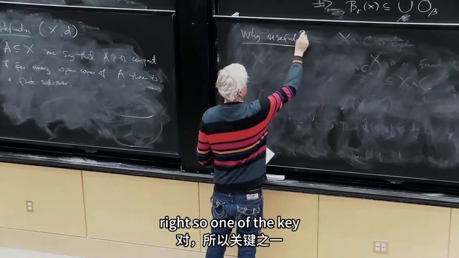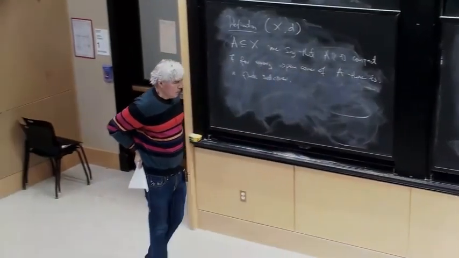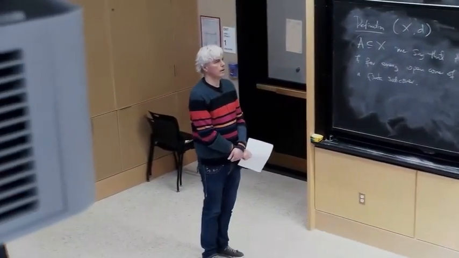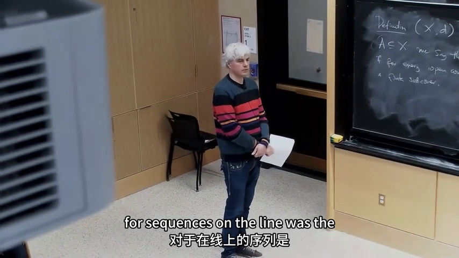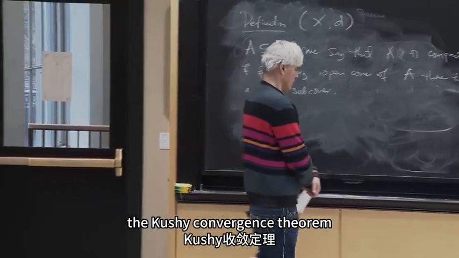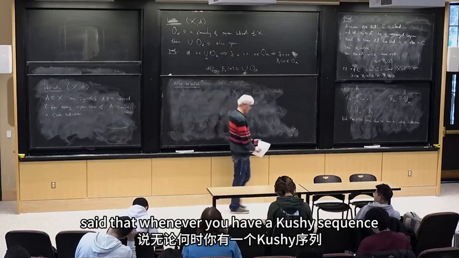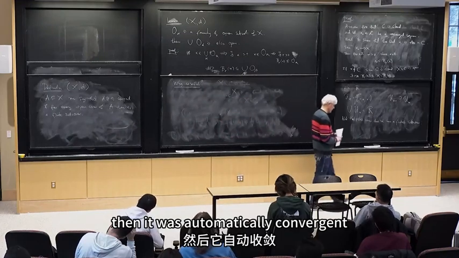Right. So one of the key properties when you're thinking about sequences on the line was the Cauchy convergence theorem. The Cauchy convergence theorem said that whenever you have a Cauchy sequence, it is automatically convergent.